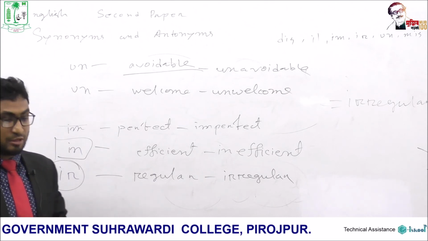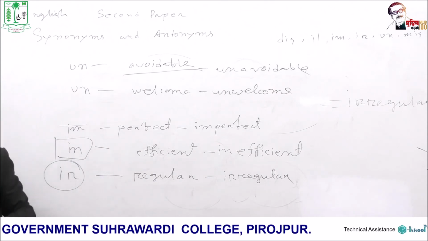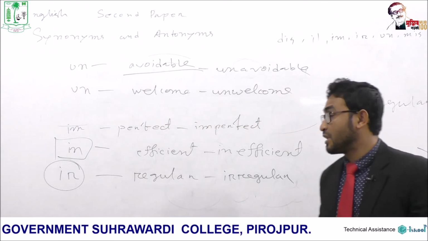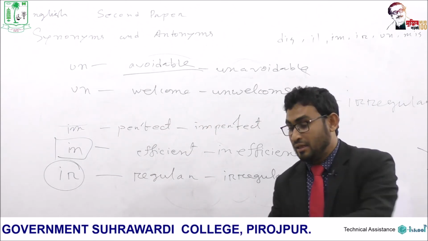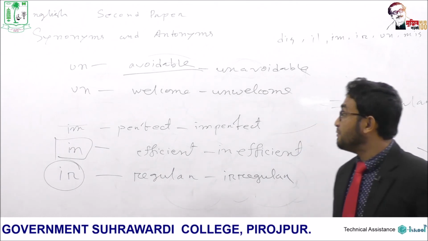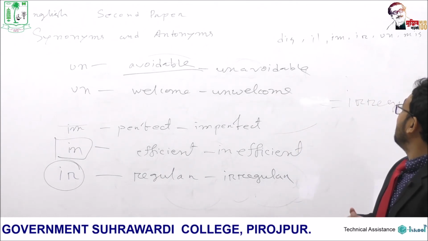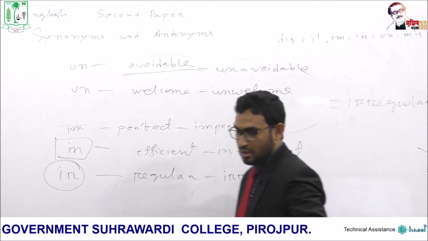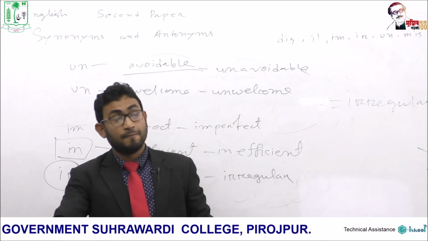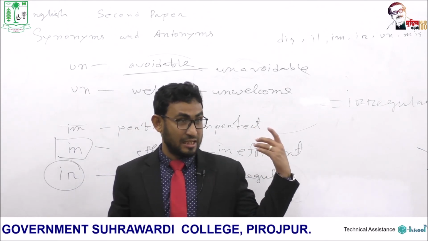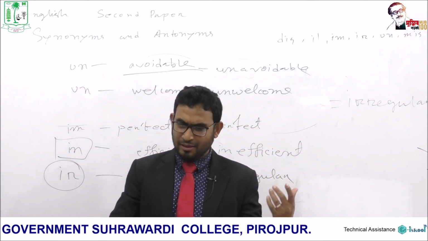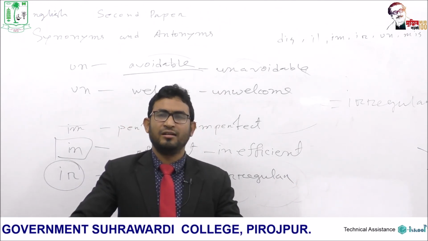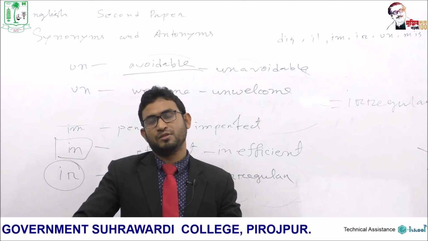Now, my dear students, you have understood how prefixes create antonyms of words. What are the common prefixes that are used for writing antonyms? They are dis, il, im, ir, and mis. And I have mentioned that prefixes are used for writing antonyms. Do you think that suffixes are also used for developing antonyms?